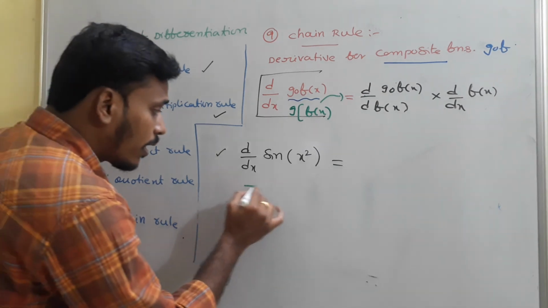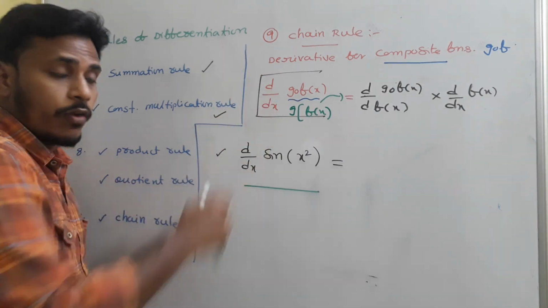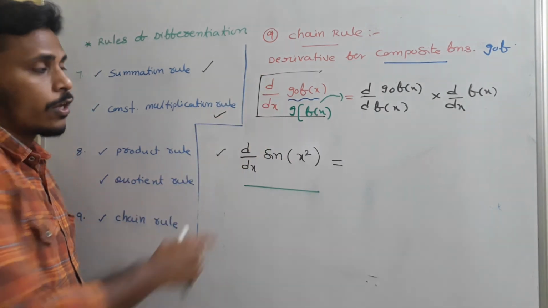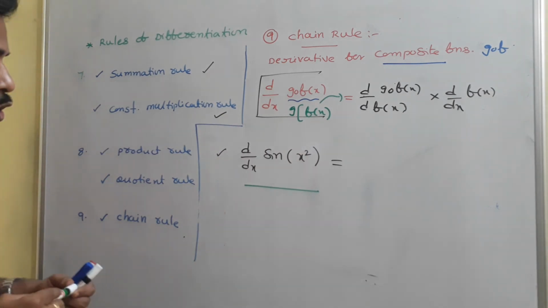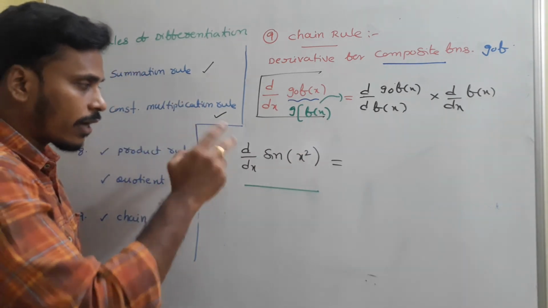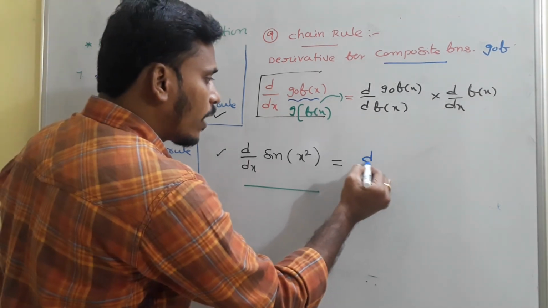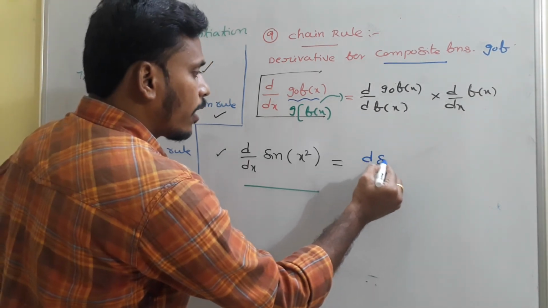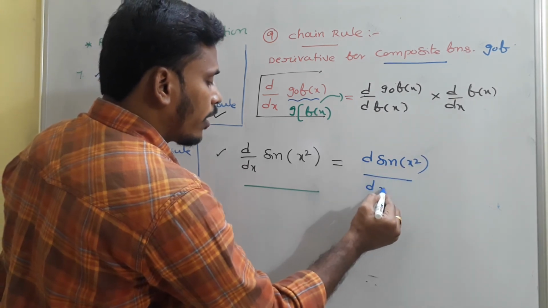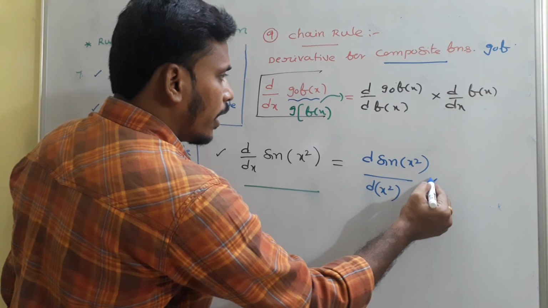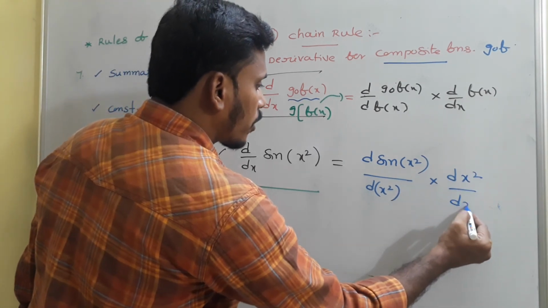Now here it is d by dx of sine of x square. Here g of f of x is sine of x square. So g is simply sine, and f of x is simply x square. You need to just compare like that. Now this answer is nothing but the derivative of sine of x square with respect to x square, into the derivative of x square with respect to x.